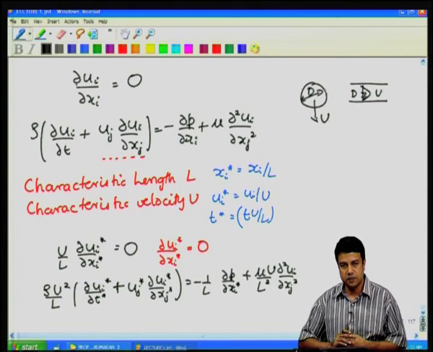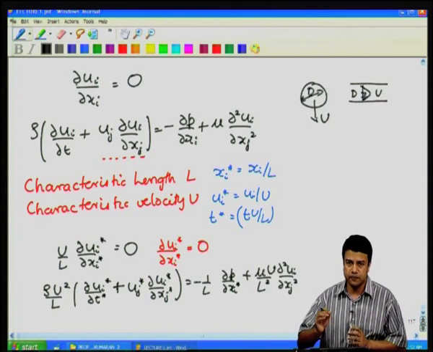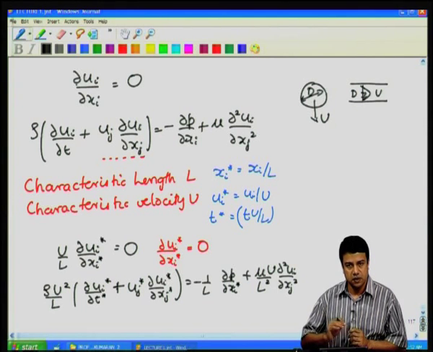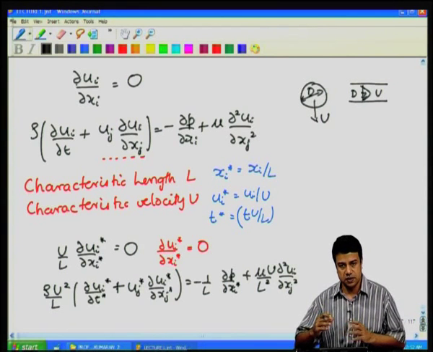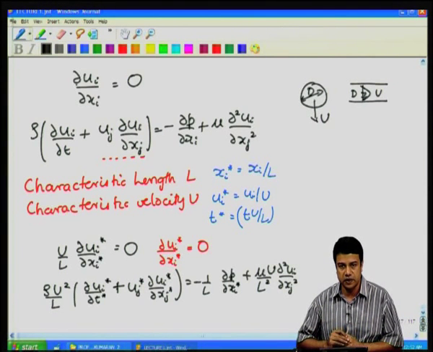Similarly, you could have more complicated cases, but in all those cases you will have either the motion of an object within the fluid or the motion of the fluid itself, which will give you a characteristic velocity scale, and there will be some characteristic length scale, either set by an immersed object or set by the boundaries in flows through confined geometries. So, those are the characteristic length and velocity scales in this case.